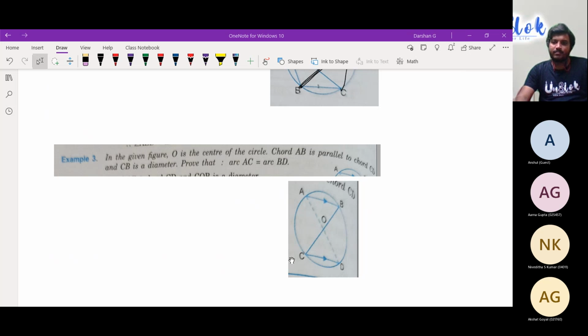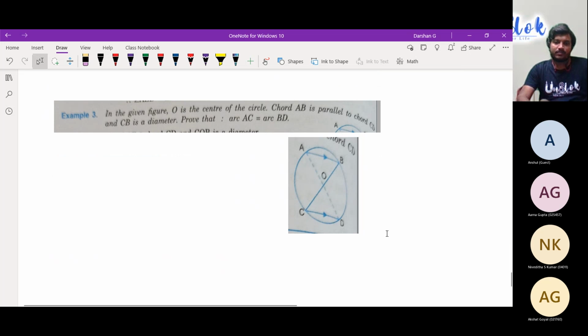Anybody with the answer? I think Arna or Akshat. Anyone who has the answer for this? This is a very simple question. Fast. Anybody?